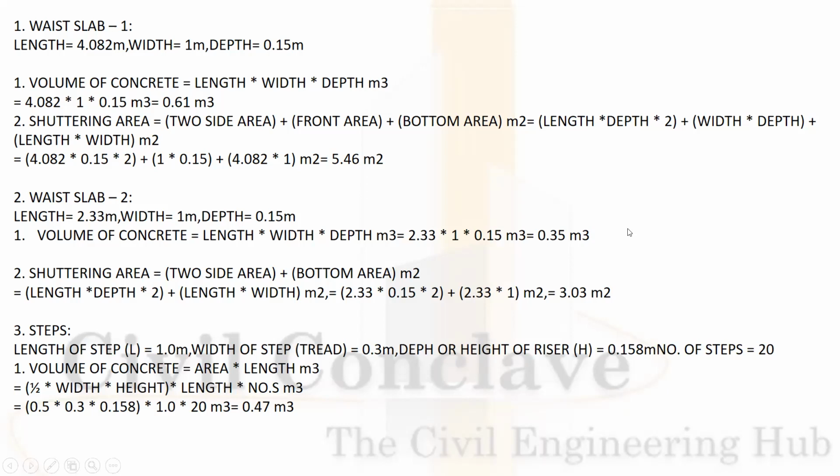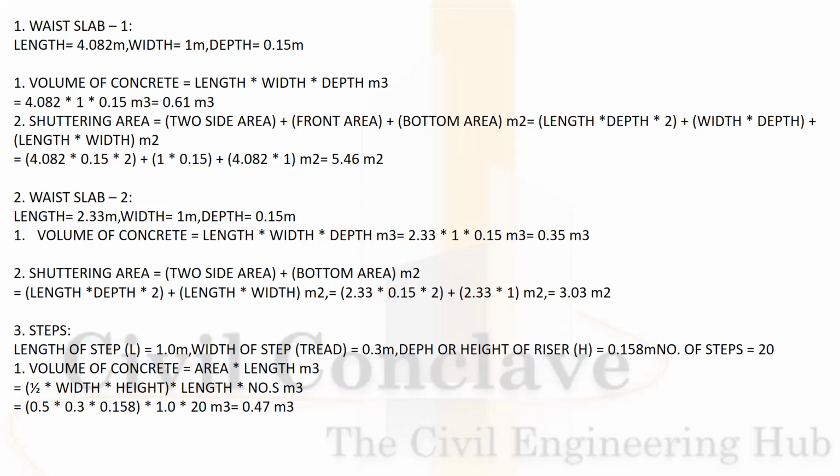That means 4.082 plus 0.15 into 2 whole plus 1 into 0.015 plus, that is a whole, 4.082 into 1. That makes 5.46 square meter. Base slab. Length is equal to 2.33 meter. Width is equal to 1 meter. Depth is equal to 0.15 meter. Volume of concreting will be 2.33 into 1 into 0.15 will be 0.35 cubic meter.